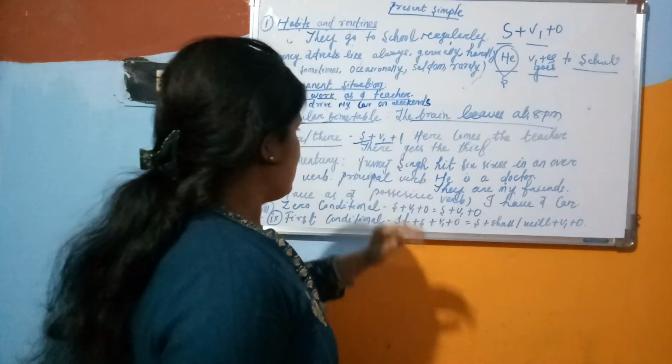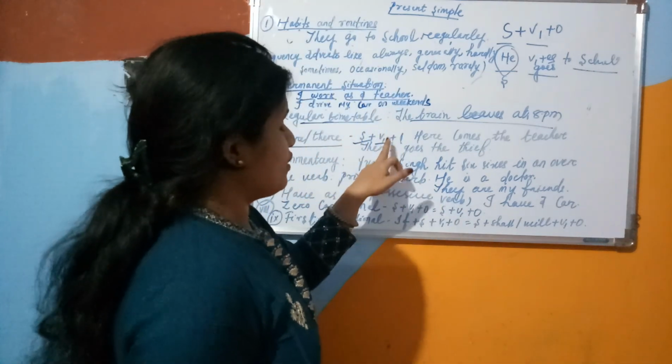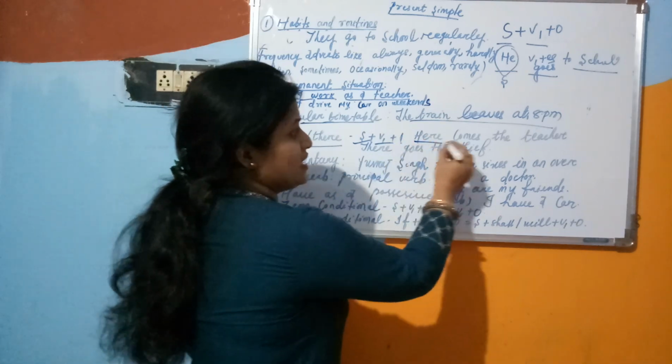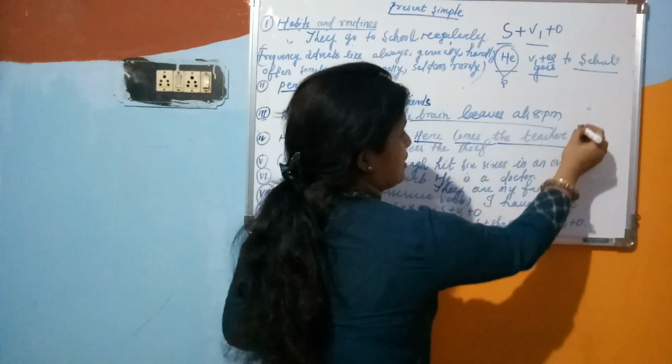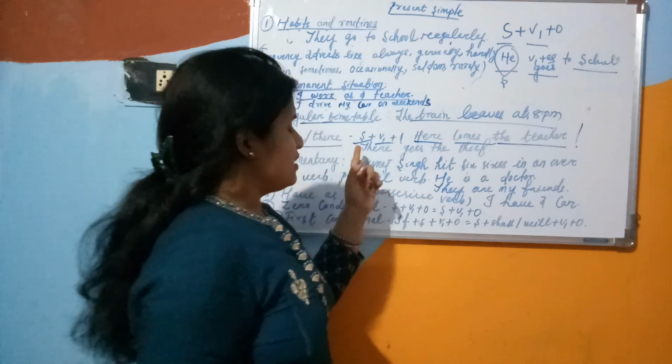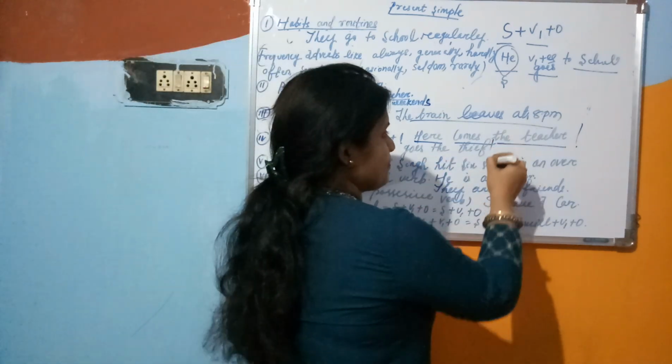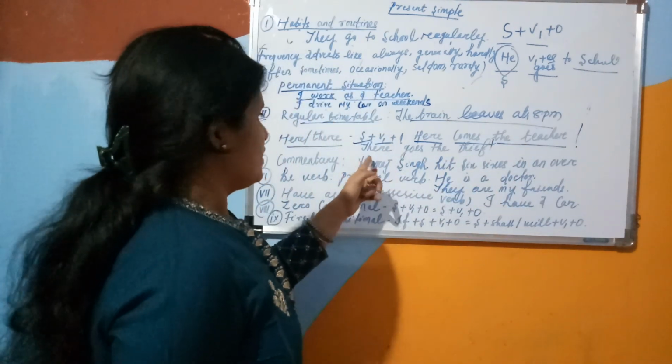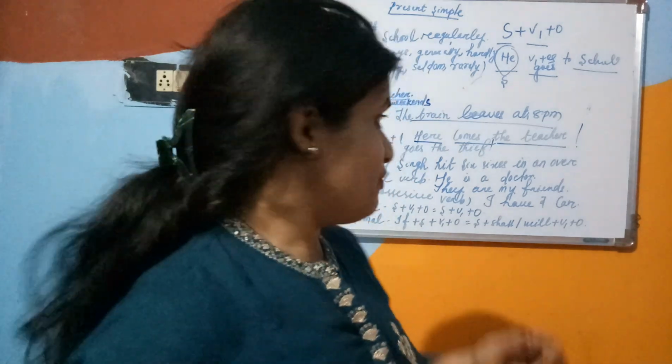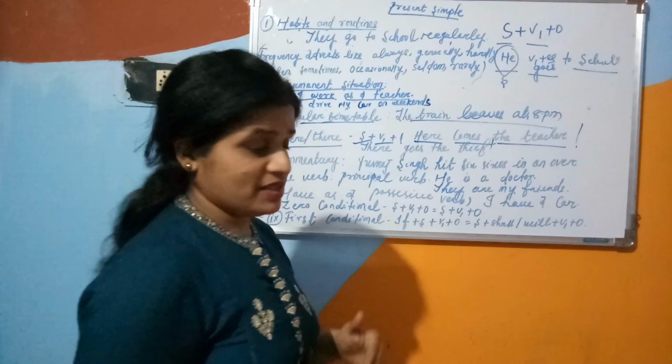So in simple present tense: here comes the teacher. There goes the thief. Here Virat Kohli takes the catch. In this case, we use simple present tense.